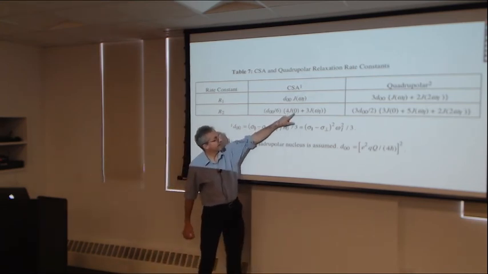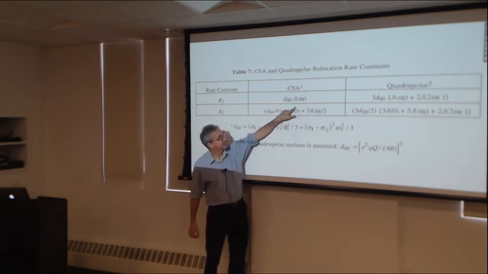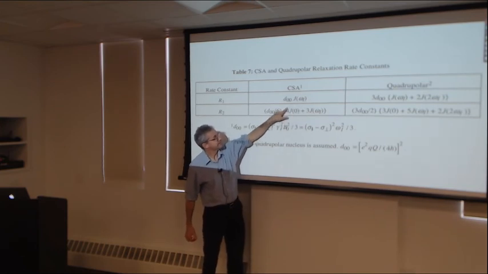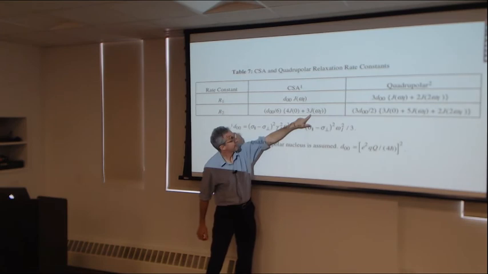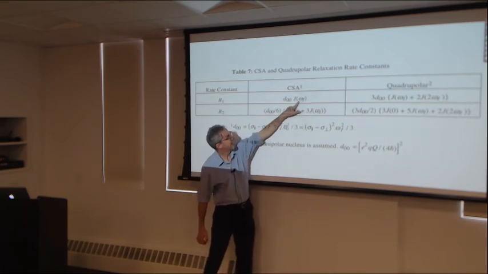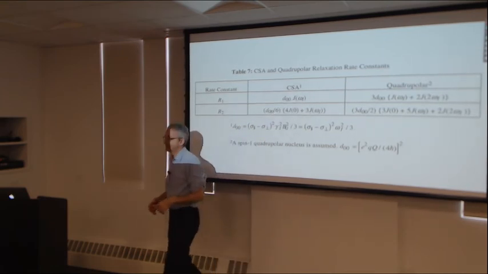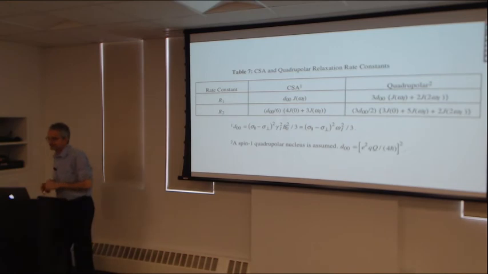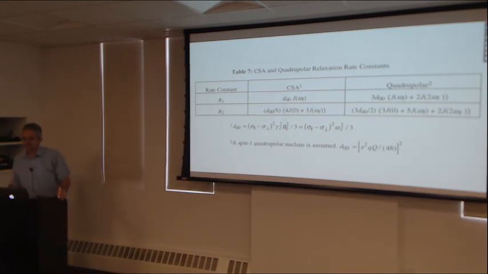Here's the adiabatic part of CSA R2. And this additional part is 1/2 D0 times J omega I, which is exactly 1/2 of the R1. So that's a case where you can see that this has taken place.